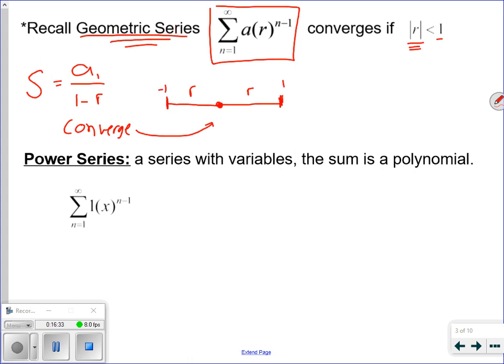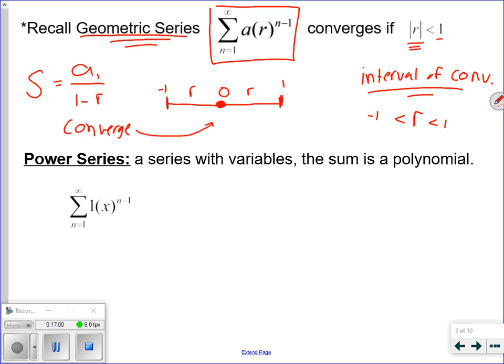So what we call that is an interval of convergence. The interval of convergence for a geometric series is the fact that it's between negative 1 and 1. If it's between negative 1 and 1, that means it's centered at 0. So we can have what's called a center of convergence as well.